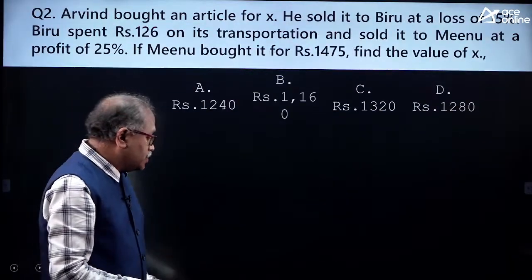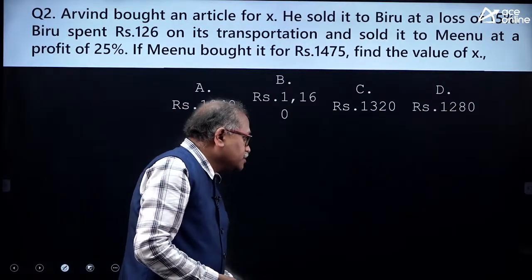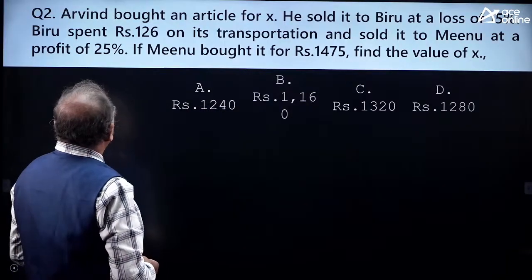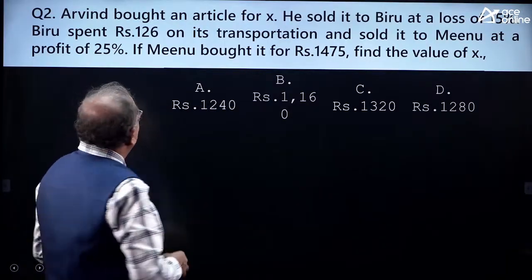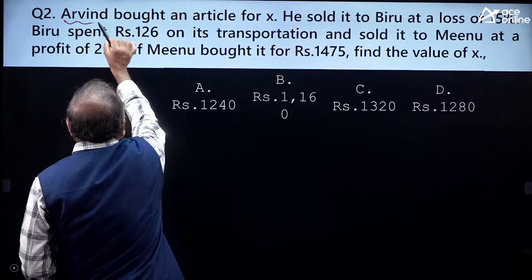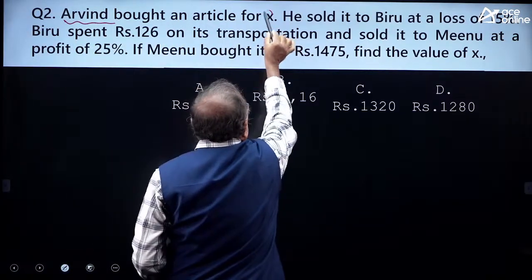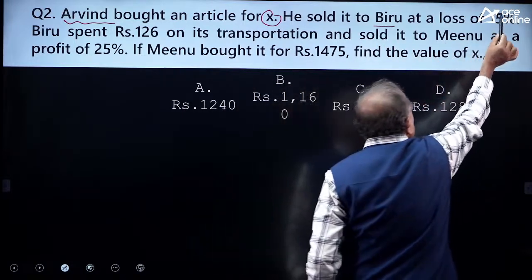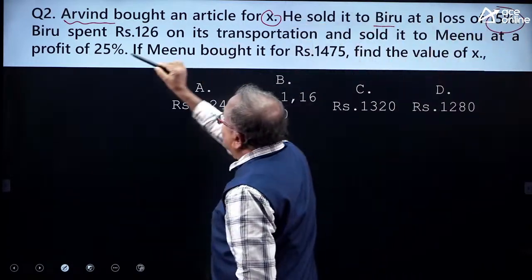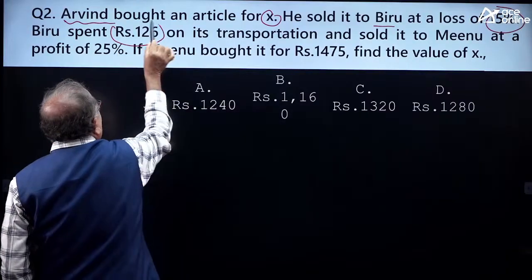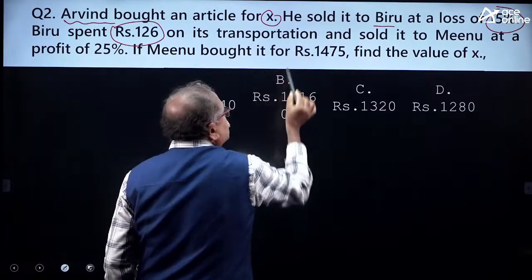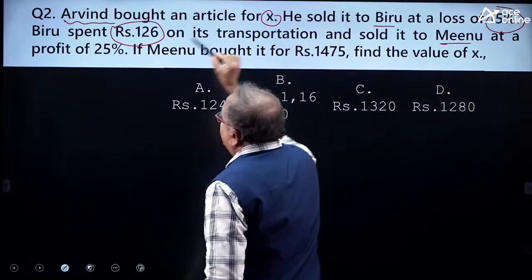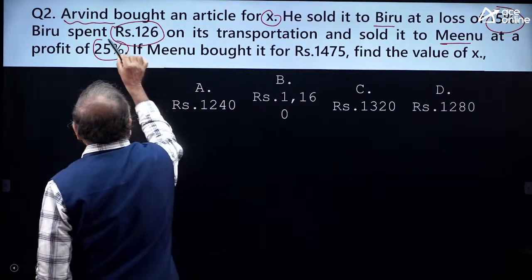Moving on to the next question over here. I have taken two questions from profit and loss. Arvind bought an article for rupees x. He sold it to Biru at a loss of 15%. Biru spent rupees 126 on its transportation and sold it to Meenu at a profit of 25%.